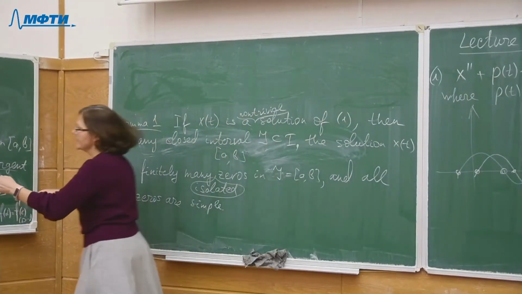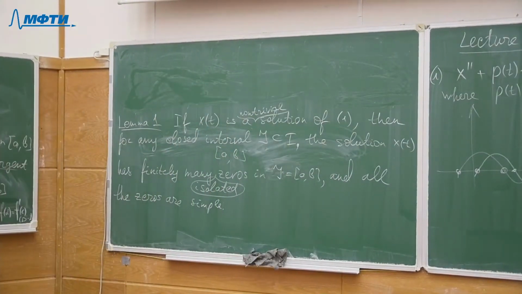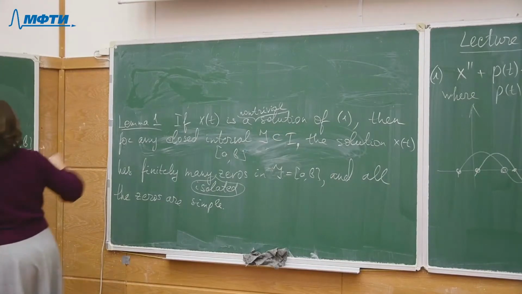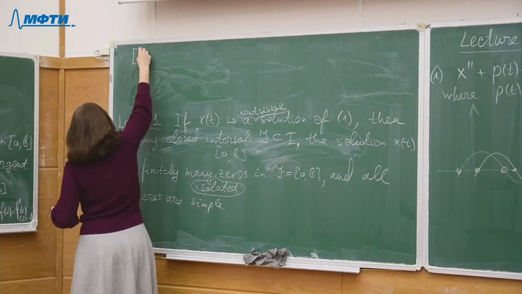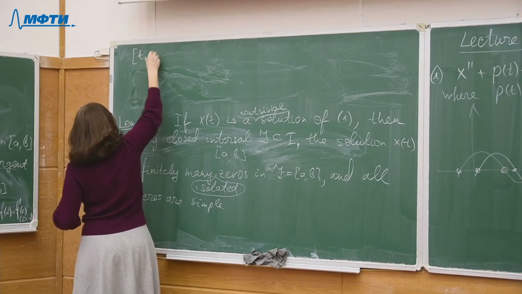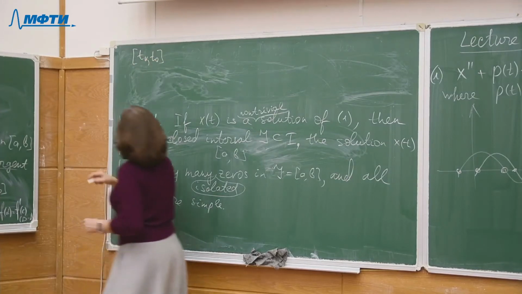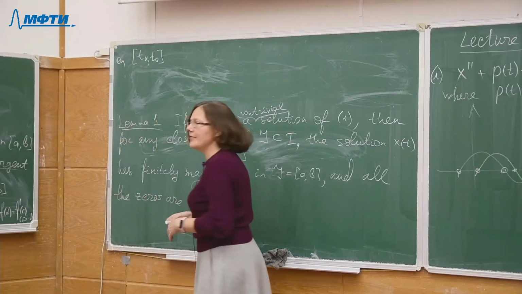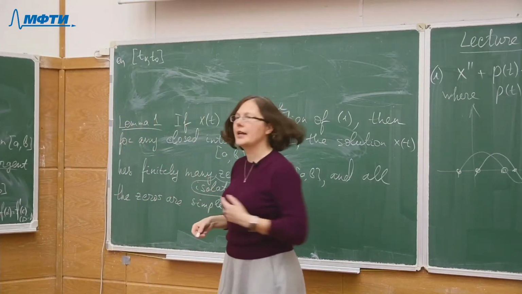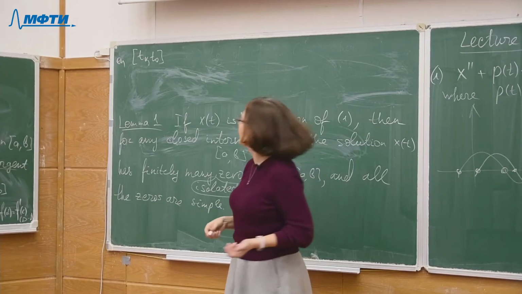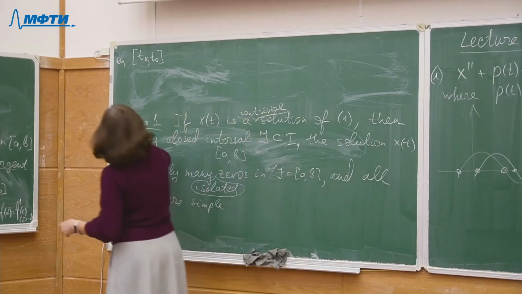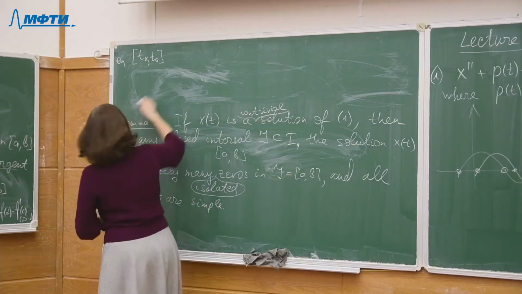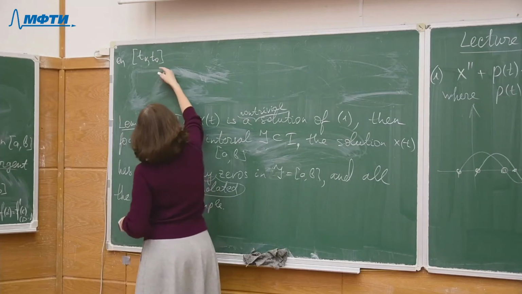Now let's consider the segment between tk and t0. For definiteness, let's assume that tk is less than t0. On this segment, the solution x of t is continuous and differentiable, and so we can apply the mean value theorem to this closed segment.